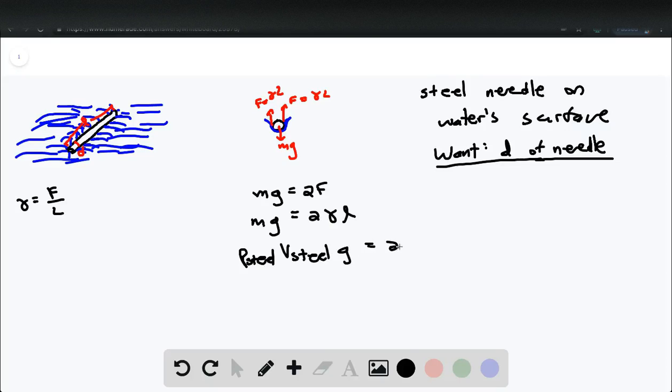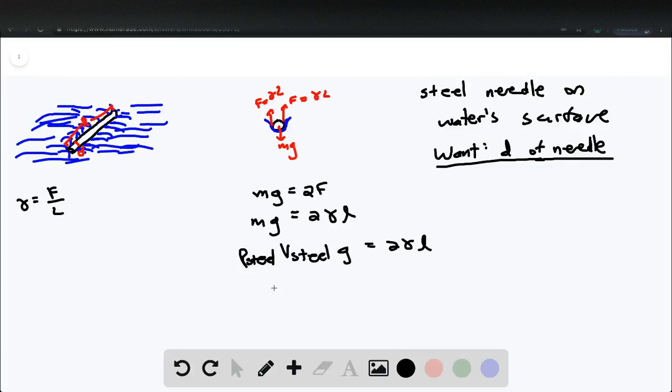So just putting that into this equation, and we can get the volume of the steel in terms of this diameter d that we want to solve for. And rho steel, this is in chapter 10. You can find this in the textbook. And this surface tension, this is the surface tension of water. And that's also a constant that you can find in the textbook as well.